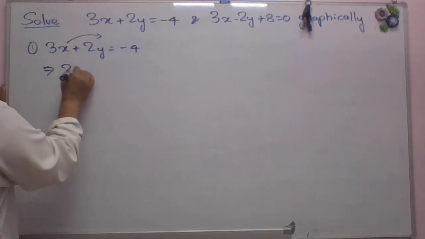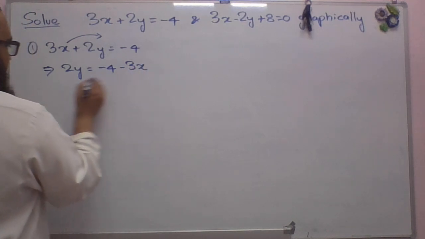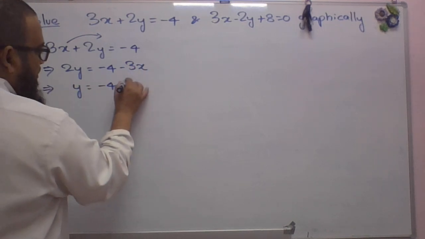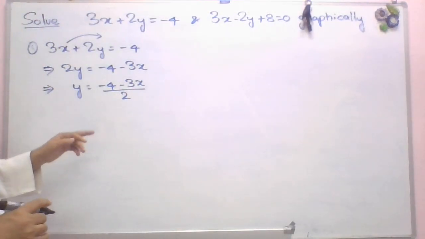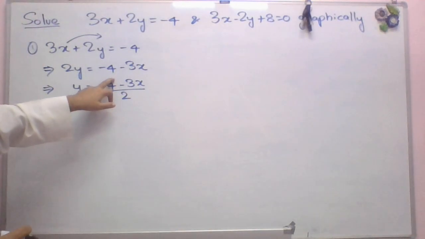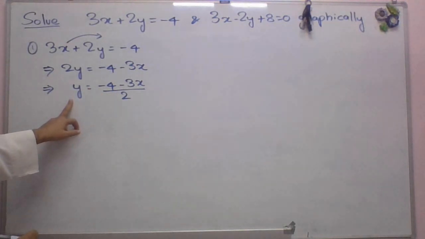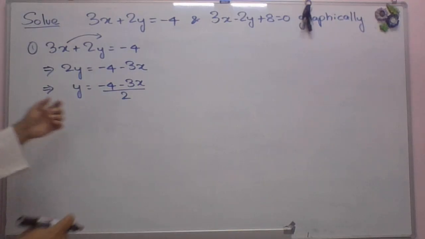So when I transpose 3x, 2y is equal to minus 4 minus 3x, and that implies y equals minus 4 minus 3x divided by 2. If the numerator is an even number, then you will get the value of y as a whole number, an integer. Understood or not? That is very important while finding the values.